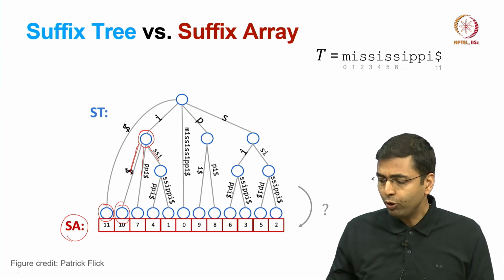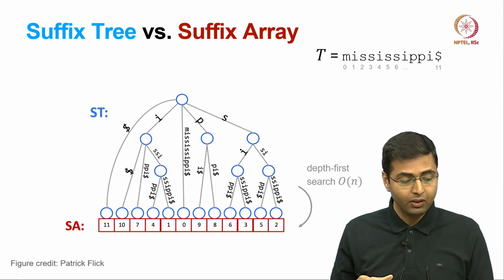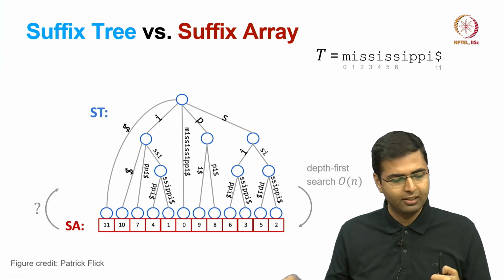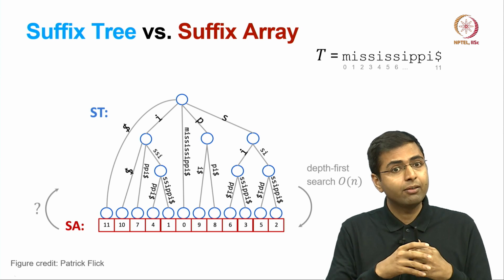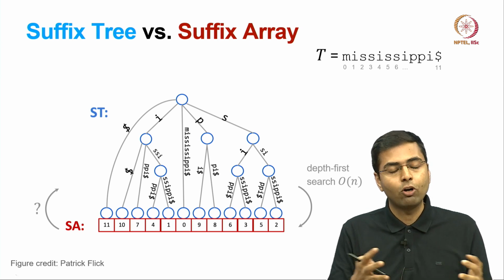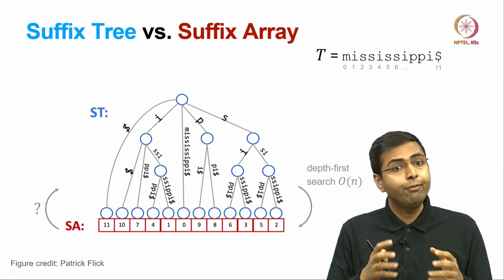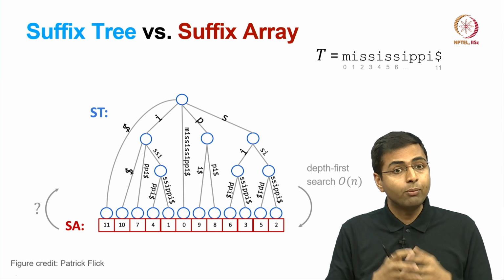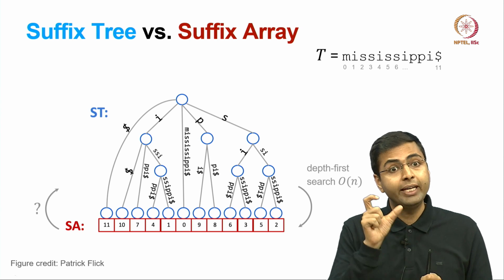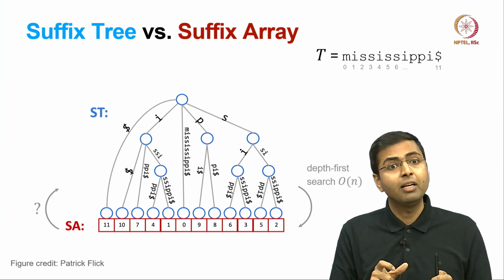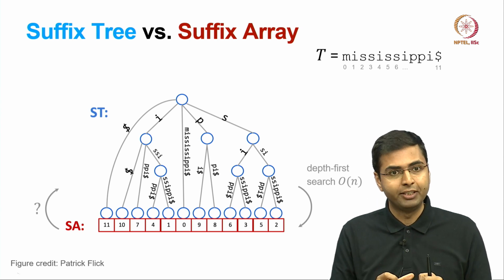What about going back from suffix array to suffix tree? Is it possible? Suppose I built a suffix array using the prefix doubling algorithm and I give you the suffix array. From the suffix array, can you build the suffix tree? That will be the key intuition that we will use in the next lecture, where we will come up with a faster algorithm to build suffix trees.